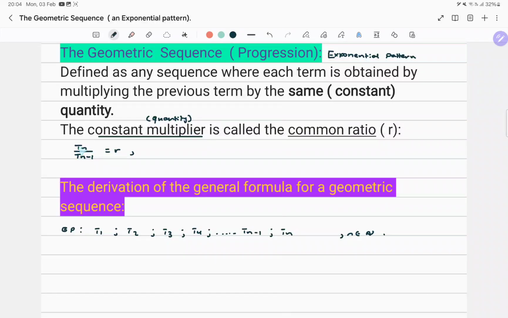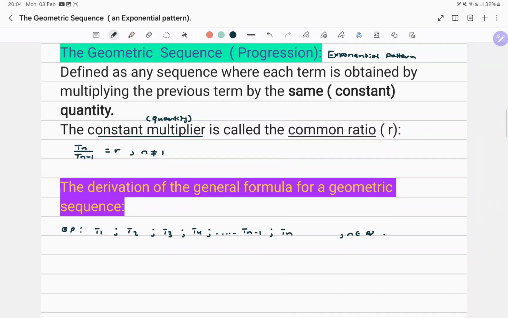We never have a term 0 here. So we can say n should not be equal to 1, because we will end up with term 0 in the denominator. So we can't have that.